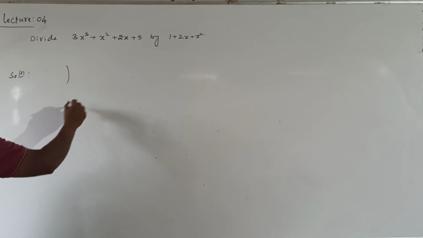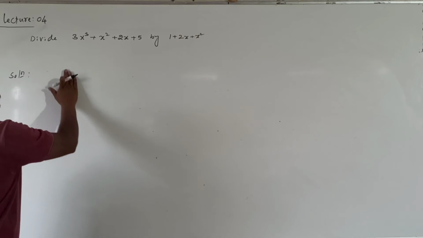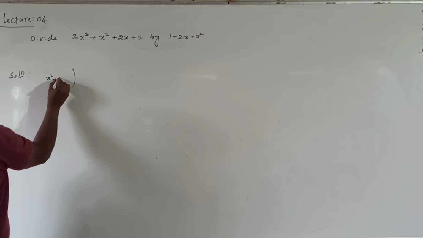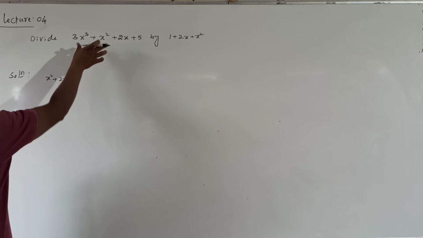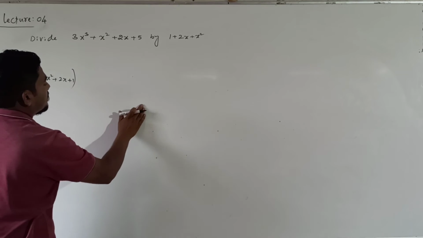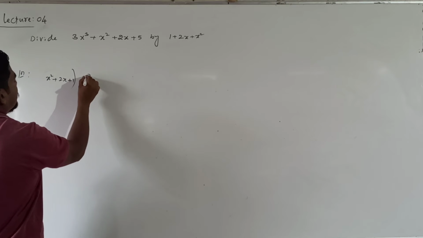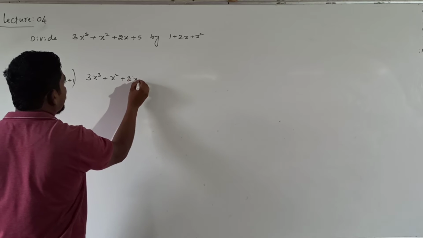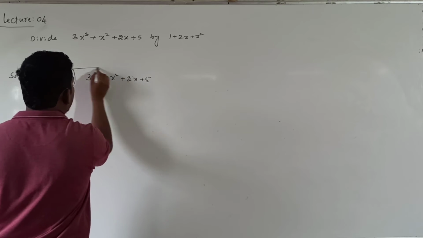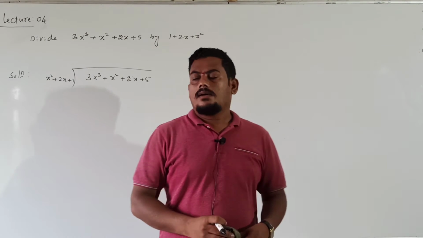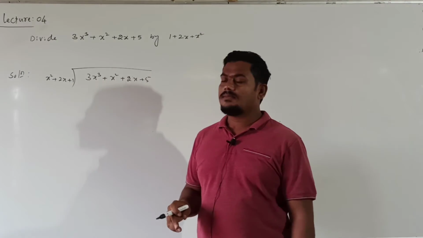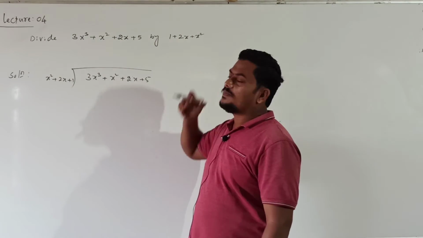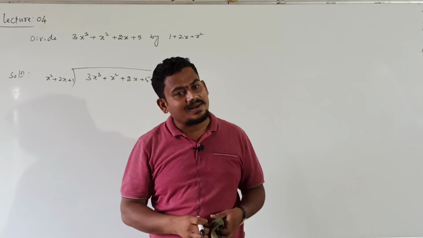Take divisor. In this case, this is our divisor. Take divisor, that is x square plus 2x plus 1, and dividend remains as it is: 3x cube plus x square plus 2x plus 5. First divide means divide this expression with this expression. Divide one polynomial with another polynomial.